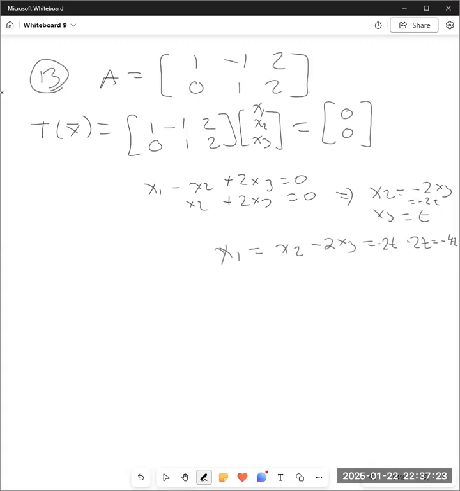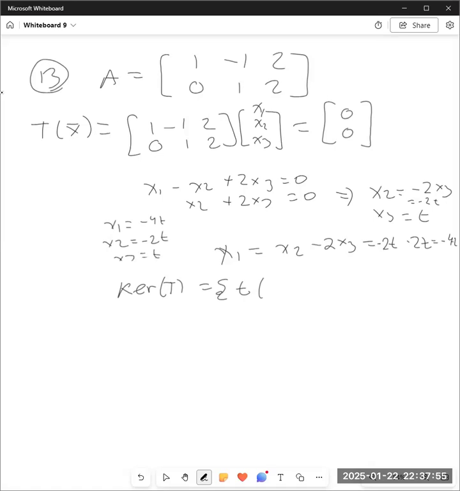So I have the kernel of T, which is equal to, and then I can take t out of these: x1 was negative 4t, x2 was negative 2t, and x3 was t.